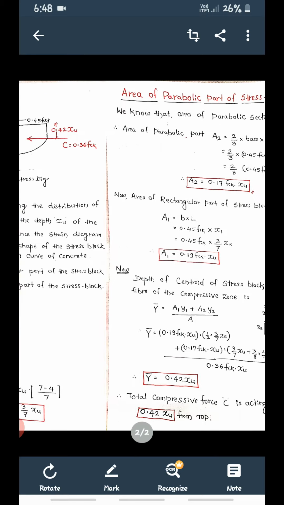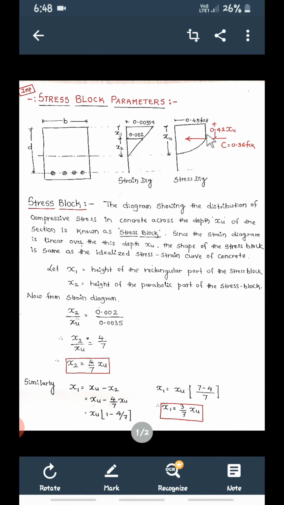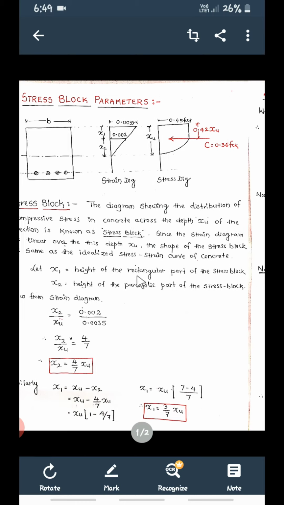Now if you consider the total stress block, somewhere here the centroid will be. Again, to find the total centroid of this parabola, we are going to consider the rectangle and then the parabolic part.